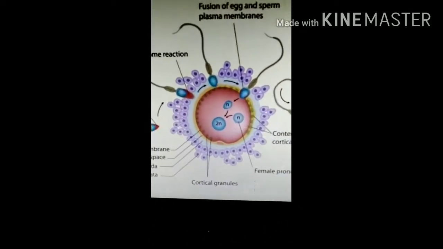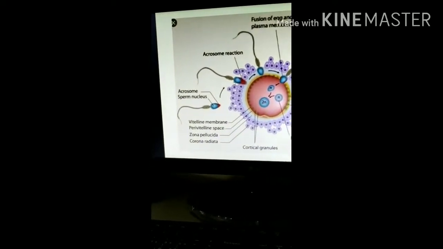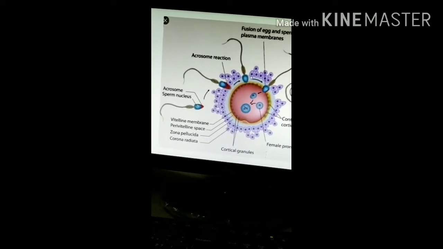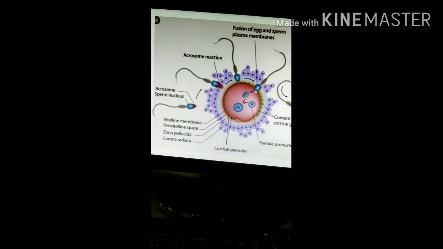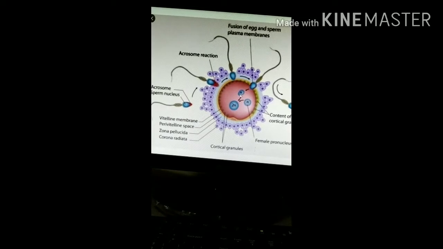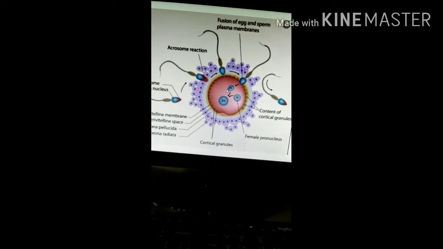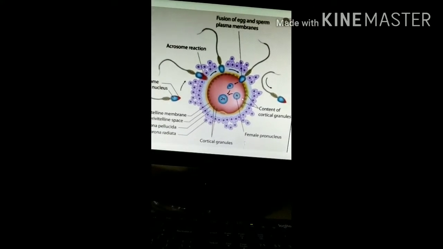In this figure, first is the corona radiata penetration, second the zona pellucida, and then fusion. This is the head of the sperm. It carries the nucleus. The nucleus is haploid, and the oocyte nucleus is also haploid.